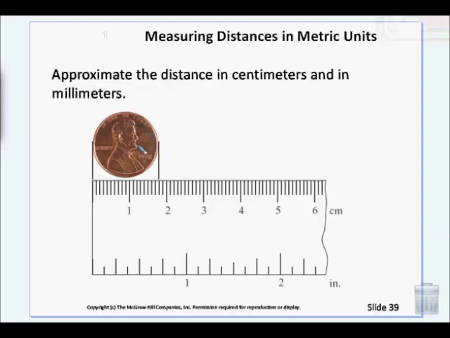Now approximating the distance in centimeters and millimeters. These are centimeters, so it's about 2 centimeters, right? I have 10 millimeters, 11, 12, 13, 14, 15, 16, 17, 18 millimeters, which would be 1.8 centimeters, which is close to 2.